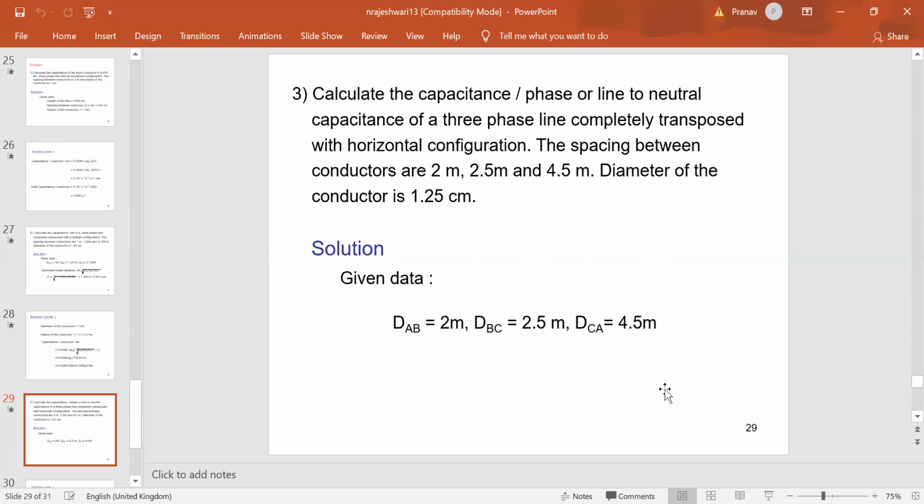The diameter of the conductor is 1.25 centimeters. So in this we have to find out the capacitance per phase of the transposed configuration. The given data is DAB is 2 meters, DBC is 2.5 meters and DCA is 4.5 meters.